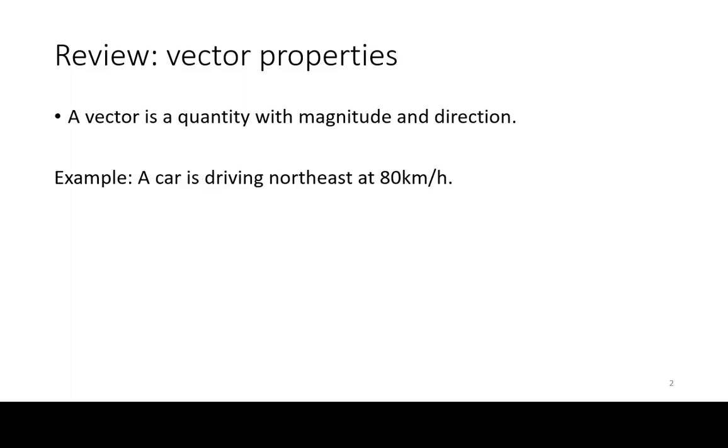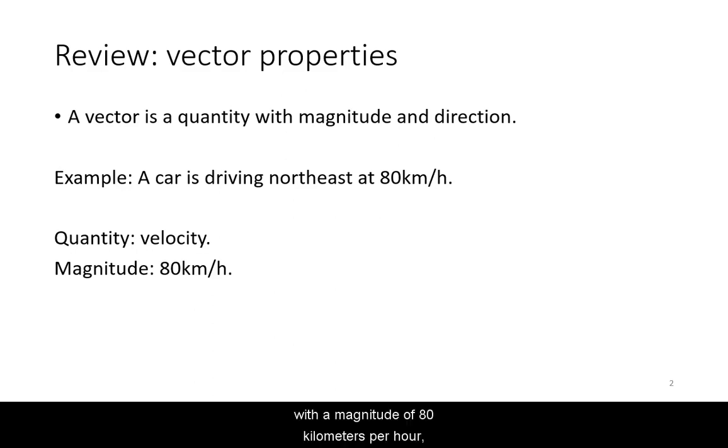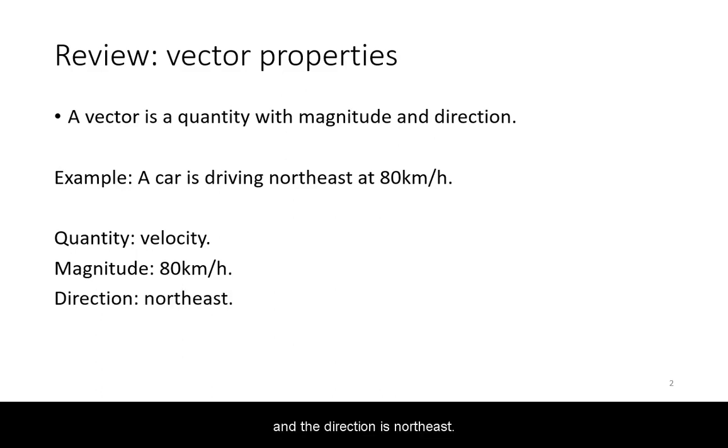For example, in the statement, a car is driving northeast at 80 kilometers per hour, the vector quantity is velocity with a magnitude of 80 kilometers per hour, and the direction is northeast.